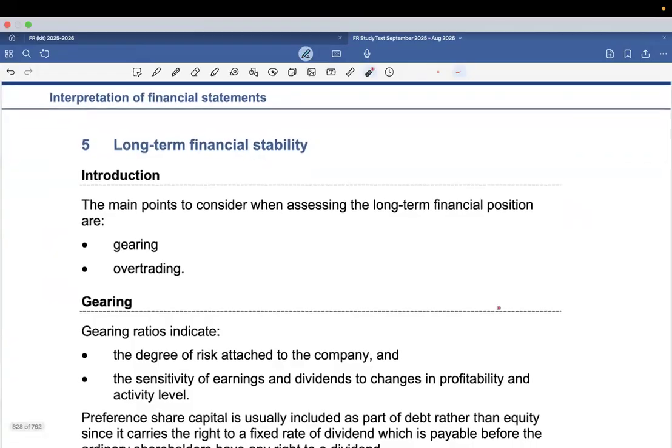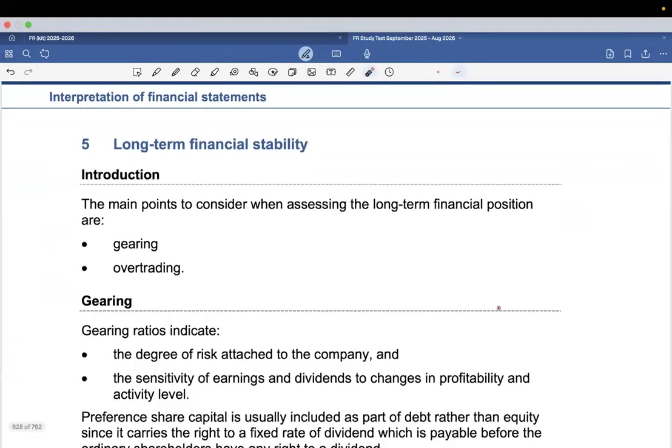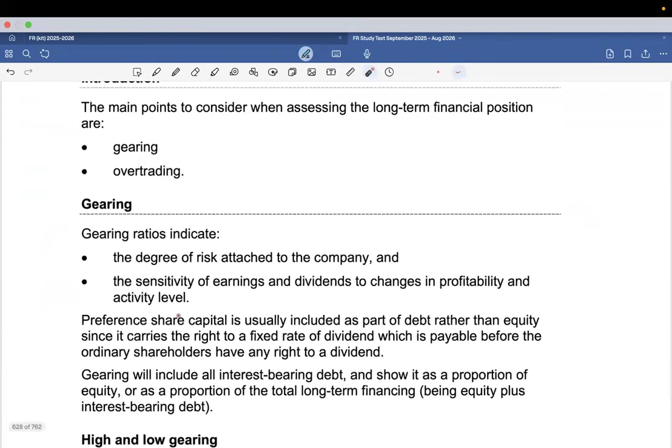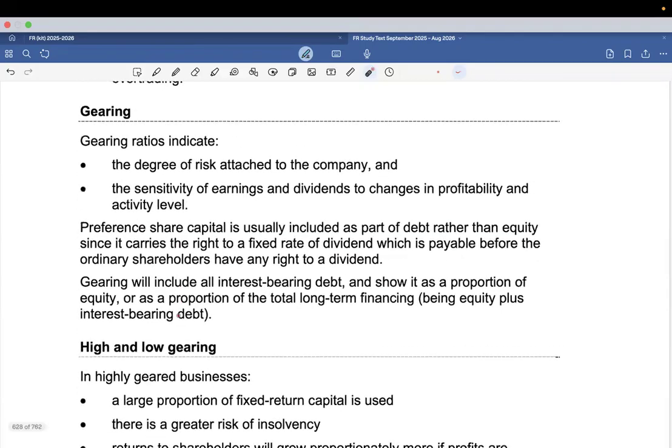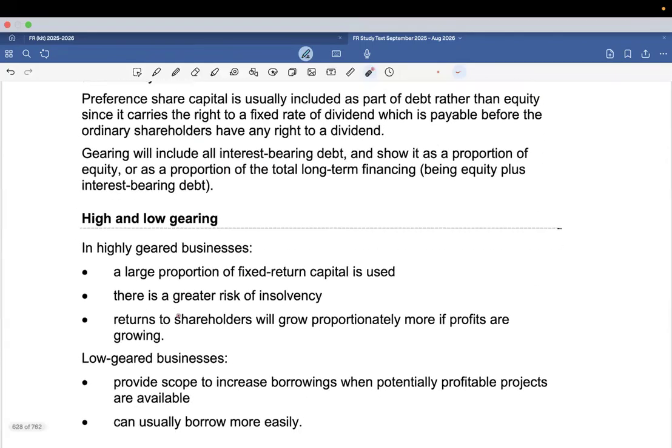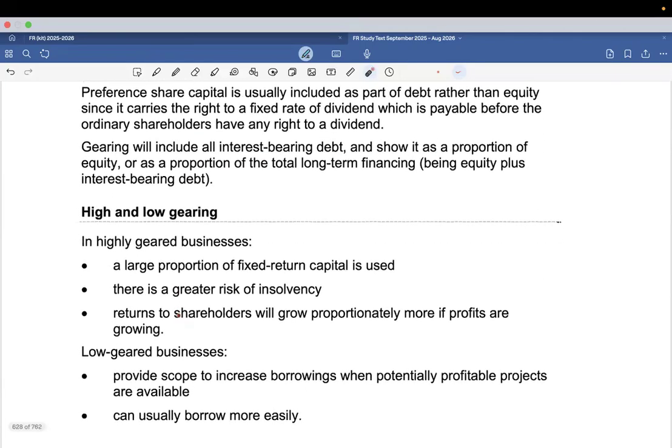Now, long term financial stability. This looks at how a company is going to perform on a long term basis. All that we have just discussed is a short term thing. First one, gearing ratio. Gearing is related to the financing part of the business, and there could be high gearing and low gearing.